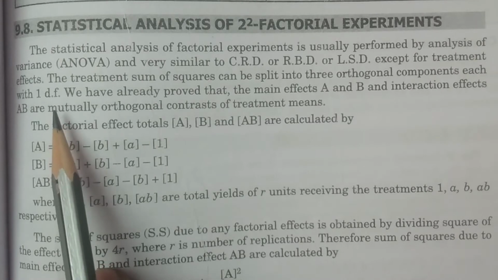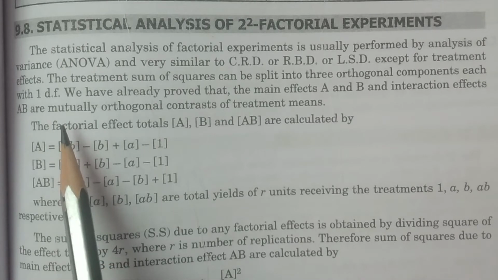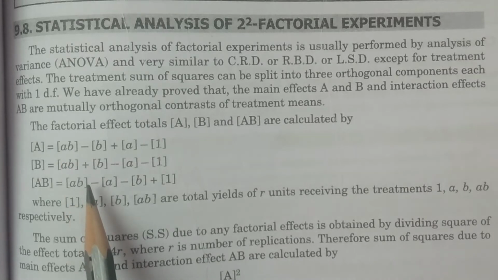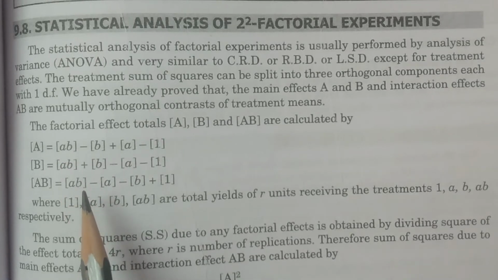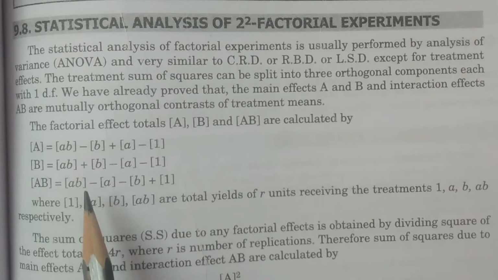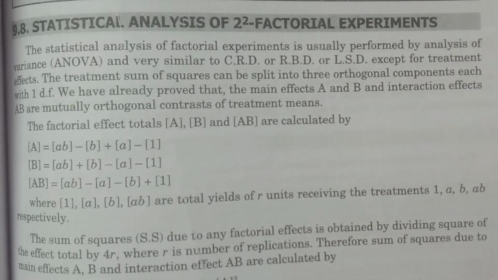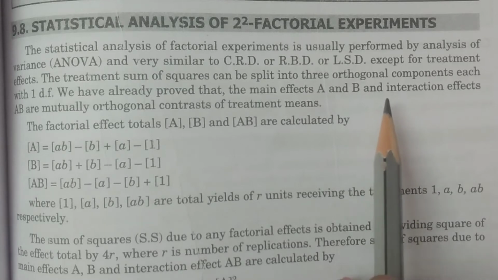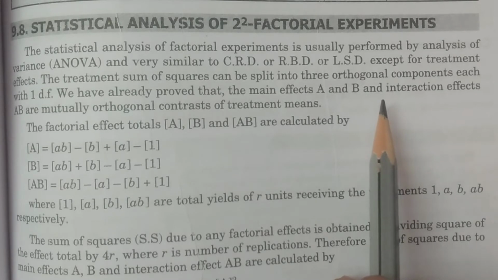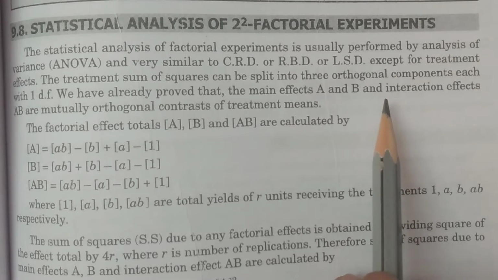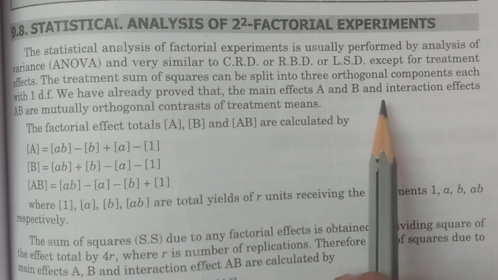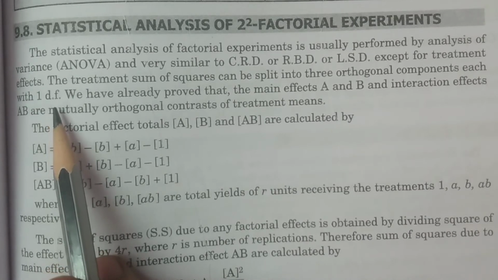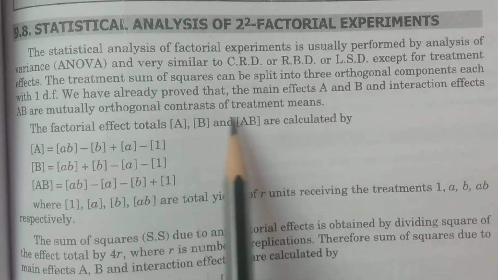That is already discussed. The three orthogonal components are main effect A, main effect B, and interaction effect AB. We have proved that these three are mutually orthogonal contrasts, and therefore each follows 1 degree of freedom.